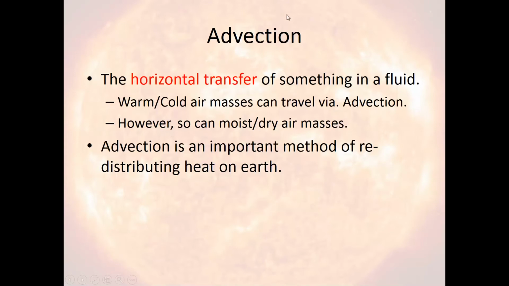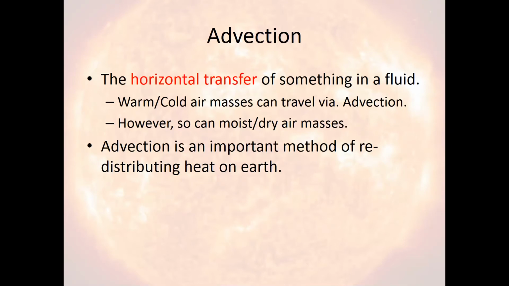And this is a word I'd like you to remember, because advection means the horizontal transfer of heat and cold. So if you've ever been outside on a warm day and then suddenly it got cold, chances are what you experienced was advection. A warm air mass was pushed away and a cold air mass came in and took its place.